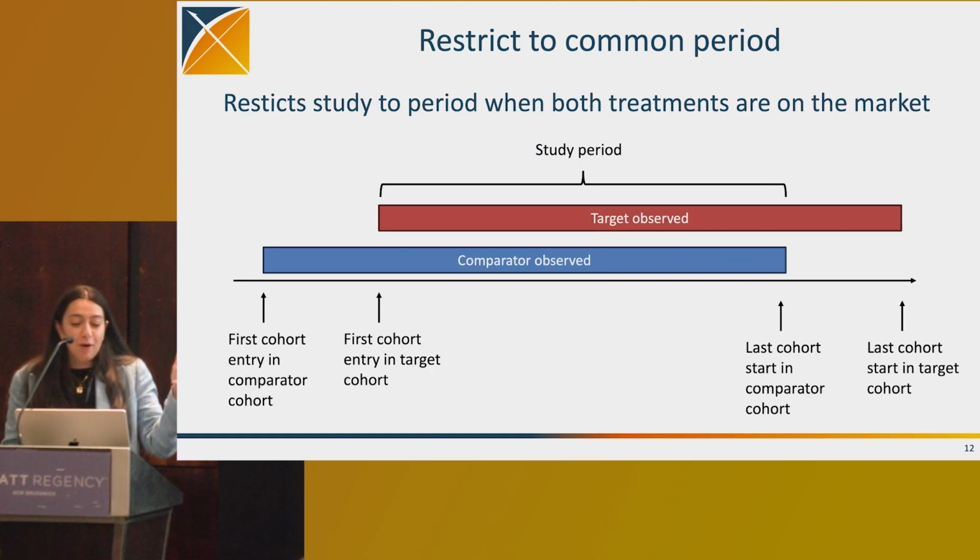Okay, so the first question is about restricting to a common period. Sometimes certain drugs are offered at different times, and it might be helpful for reducing bias to look at a time period when both of those treatments are on the market. Maybe there's some critical change happening in this time period and the data distribution changes, so we're really only interested in the time when both drugs are offered.